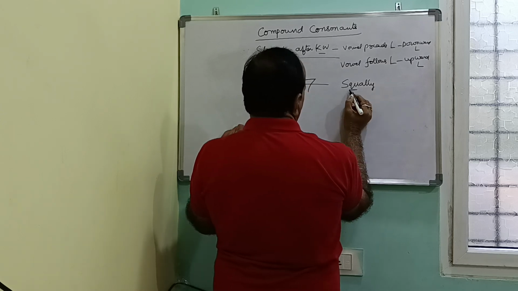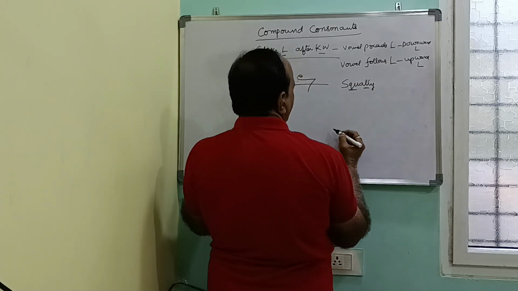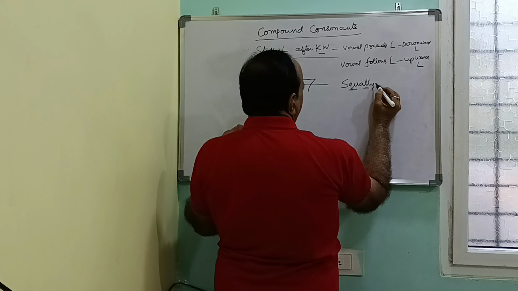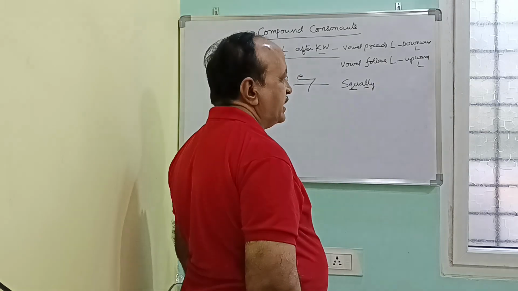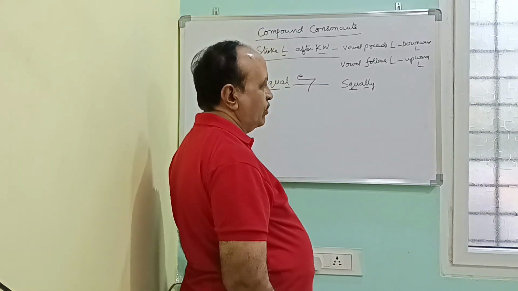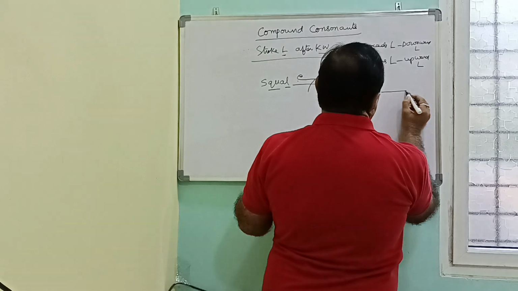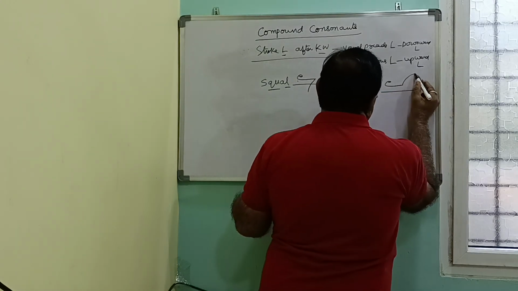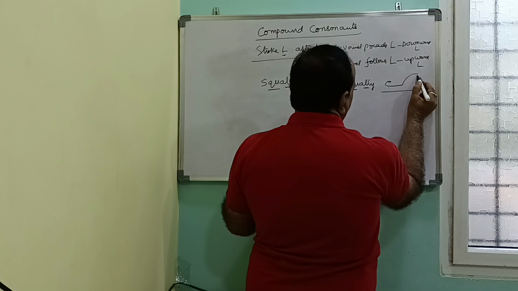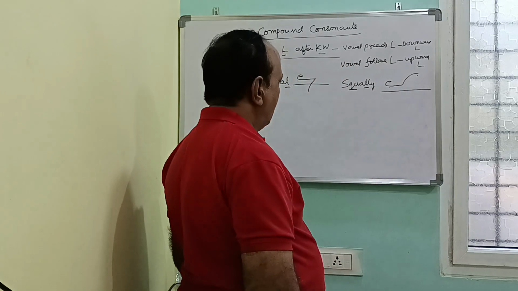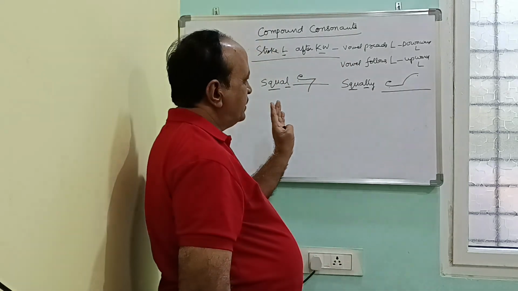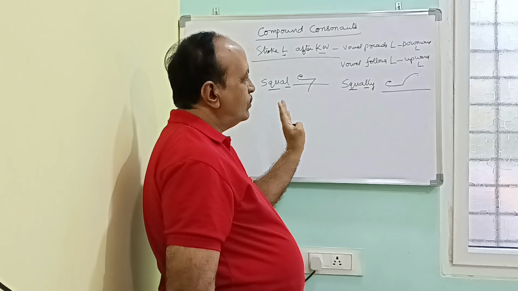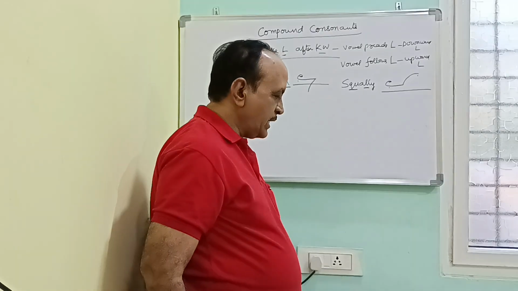Here, after qua, stroke L is here. Then after L, the vowel sound E follows. So that is why I am writing square, then lee, upward L here. Square and lee, like this. So if a vowel precedes, I write downward L. If a vowel follows, I write the upward L here.